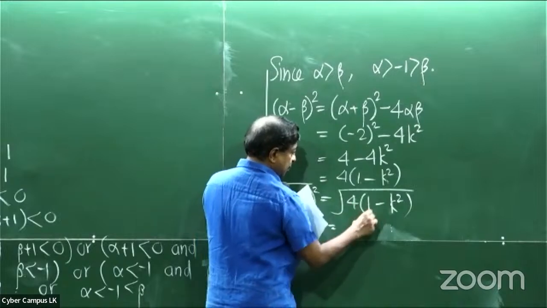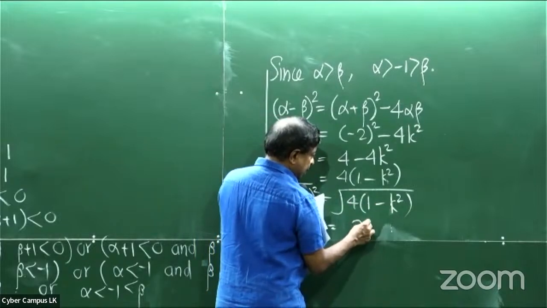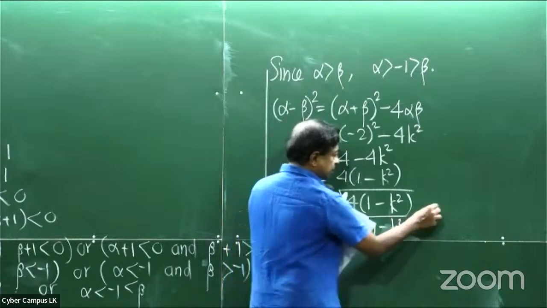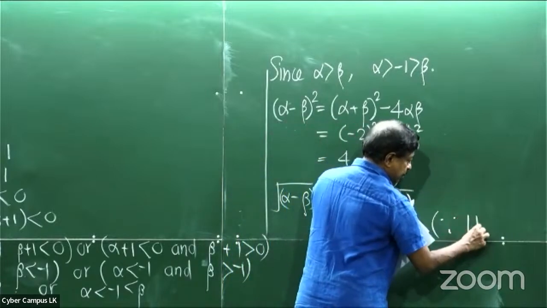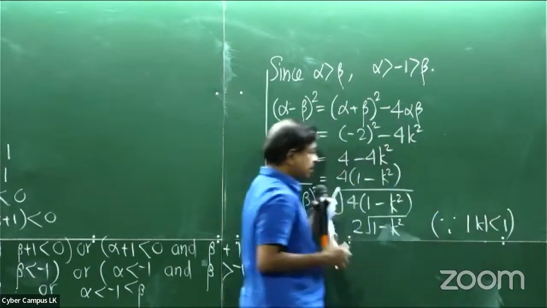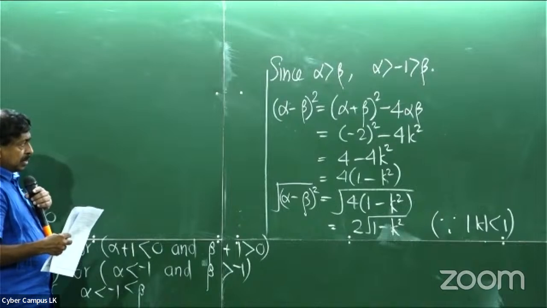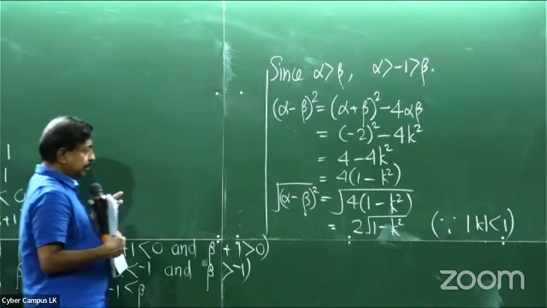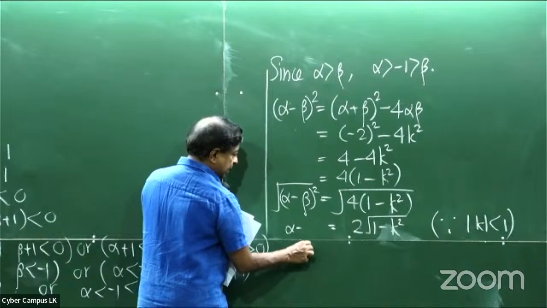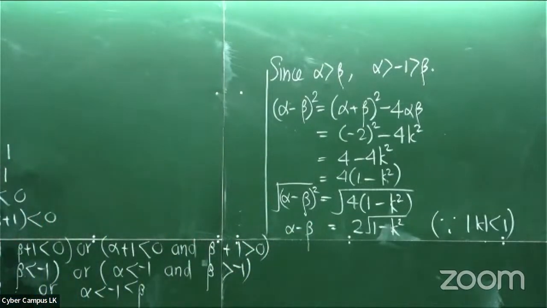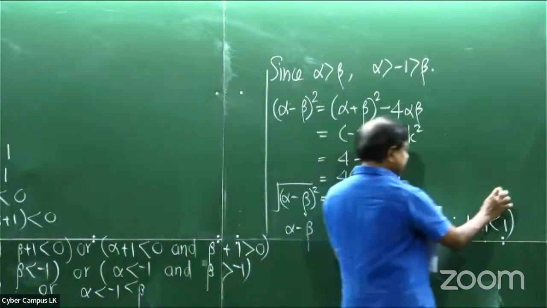Since k squared is less than 1, you can write it like this. You can give the reason. And in the left-hand side, alpha is greater than beta. Therefore, you can straight away write alpha minus beta. You can even include the reason here.